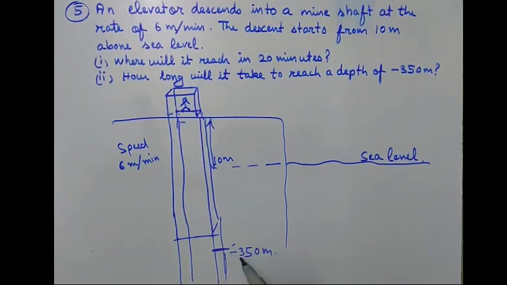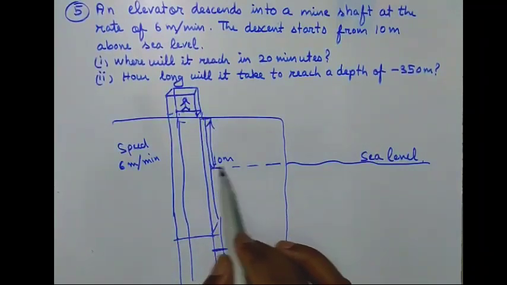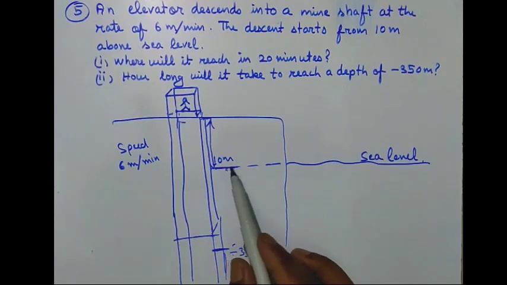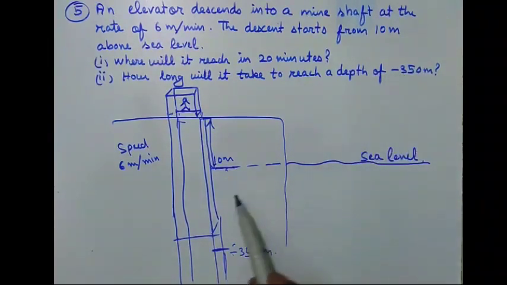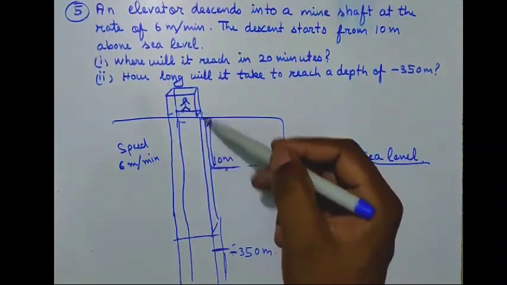Now 350 meter is from the sea level, right? Minus 350 meter means below the sea level it is 350 meter, and then above the sea level it is 10 meter.